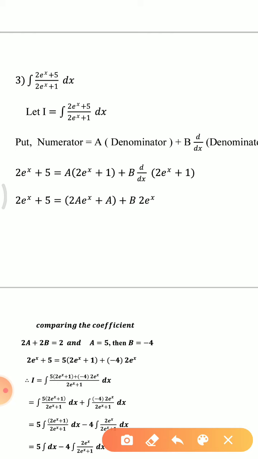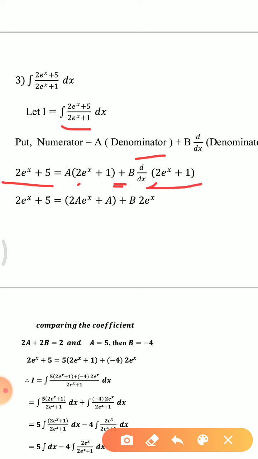Here the numerator term is 2 e raised to x plus 5 and the denominator term is 2 e raised to x plus 1, that is 2 e raised to x plus 5 is equal to a into the denominator, that is a into 2 e raised to x plus 1, plus b into the derivative of the denominator.